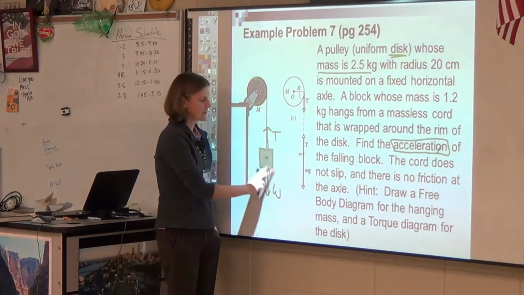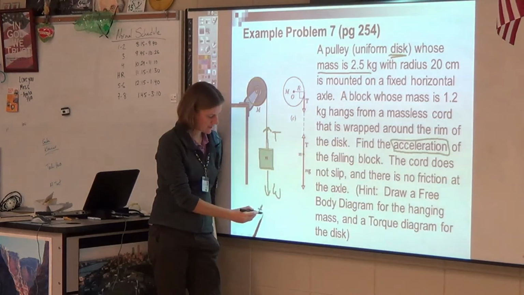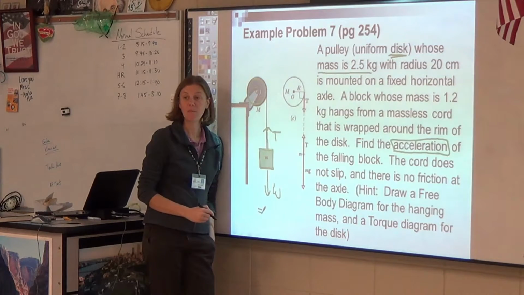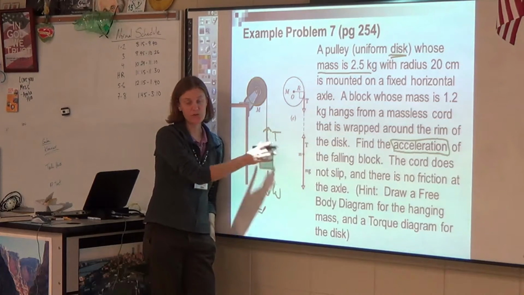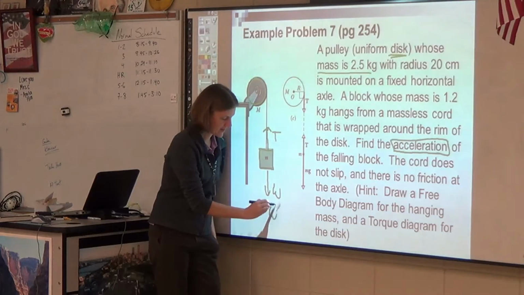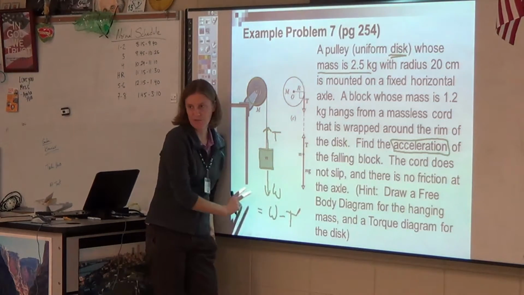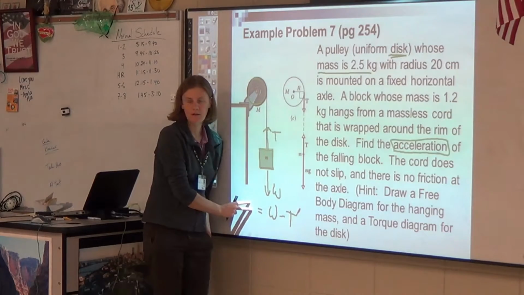So when we had an accelerated situation, what was the formula we used to write? Well, we find our net force, which would really be due to what, mainly? Weight minus tension. What does net force equal? That's Newton's second law, ma.